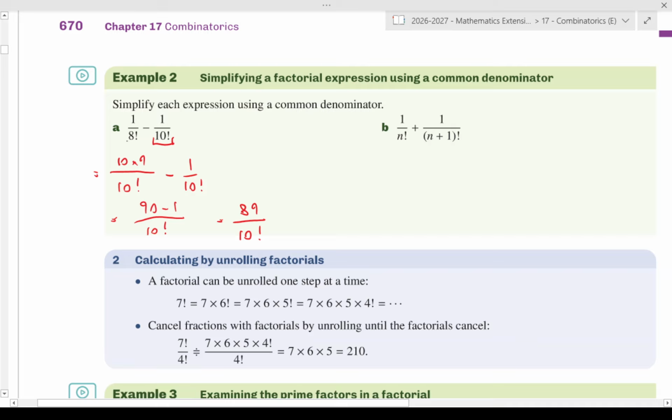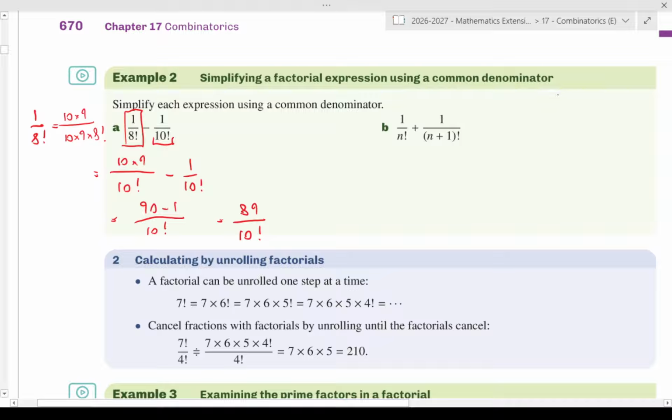What we're doing is rearranging that, and I'll just write it over here: 1 over 8 factorial equals 10 times 9 over 10 times 9 times 8 factorial. And it's all because the 10 times 9 over 10 times 9 can be reduced to 1 over 1 if we need to. Hope that makes sense. We're now going to do it with this other one over here, which is 1 over n factorial.